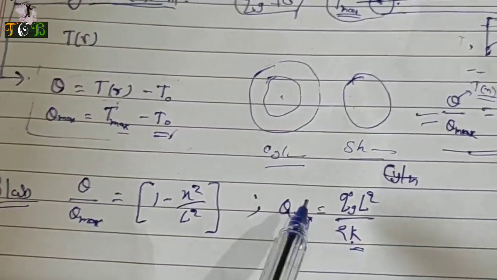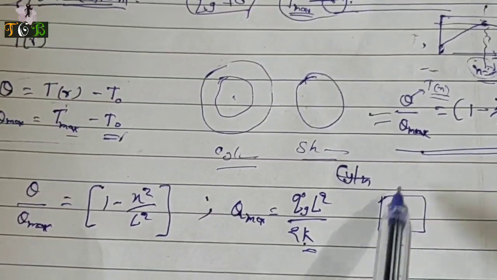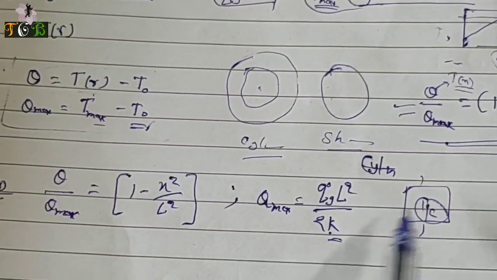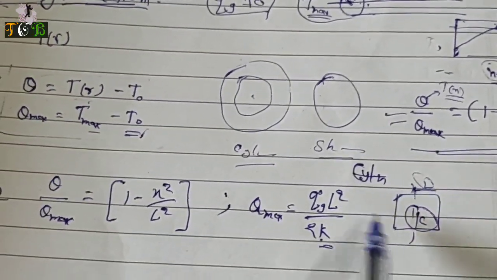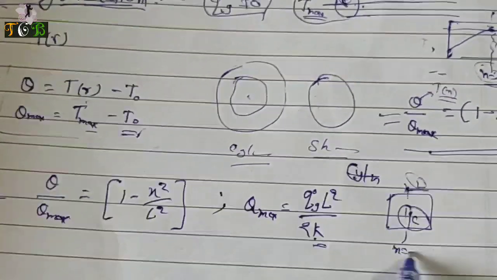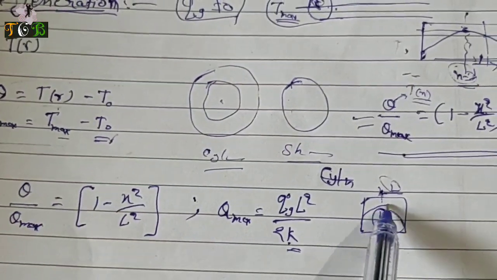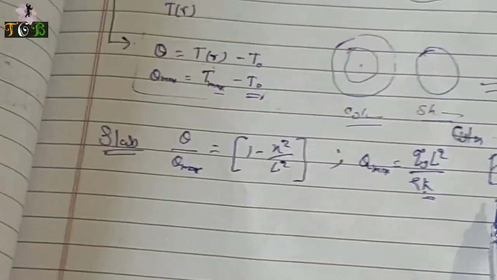K is the conductivity of the slab, and the half length is L, where x equal to 0 we took in the middle, like we have done so far.